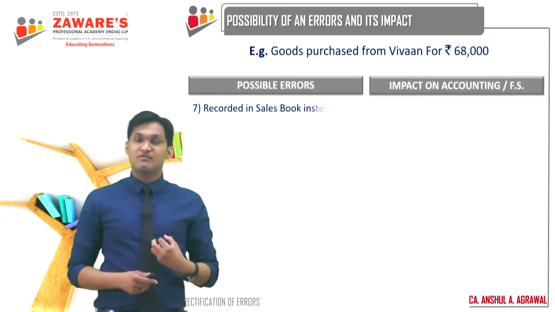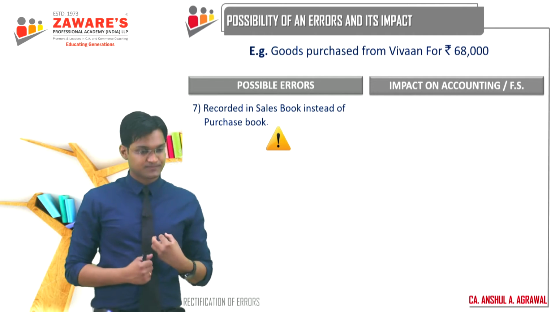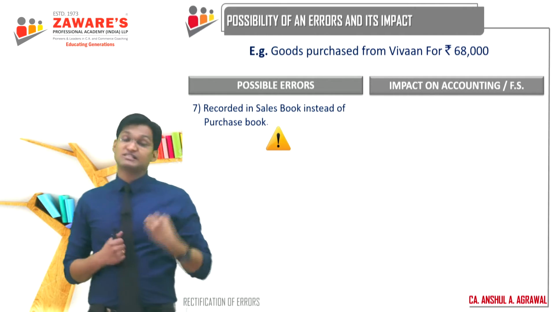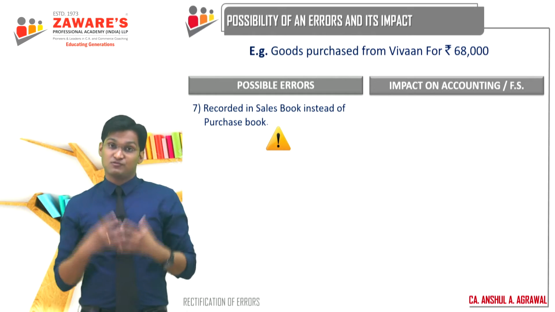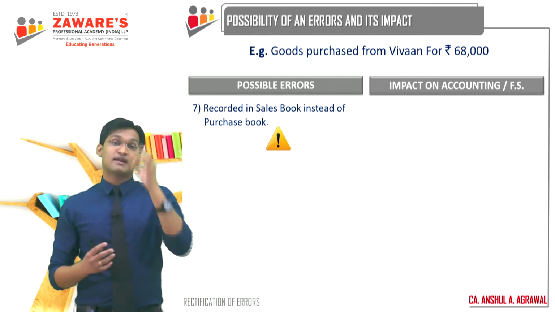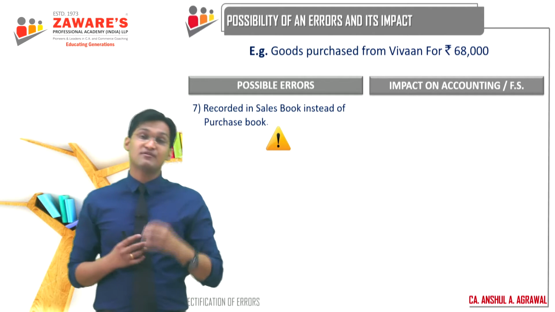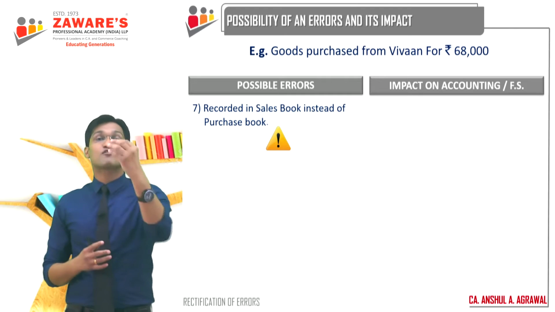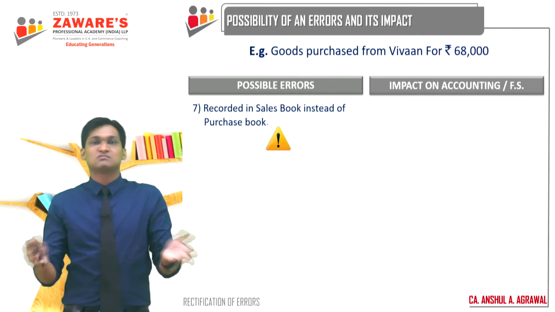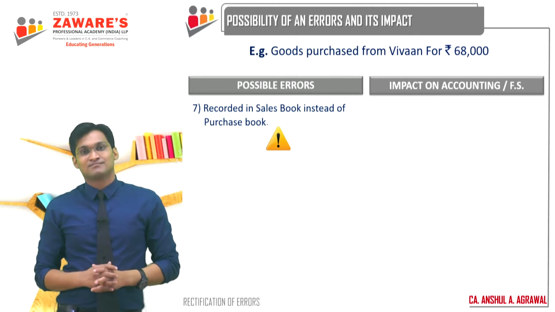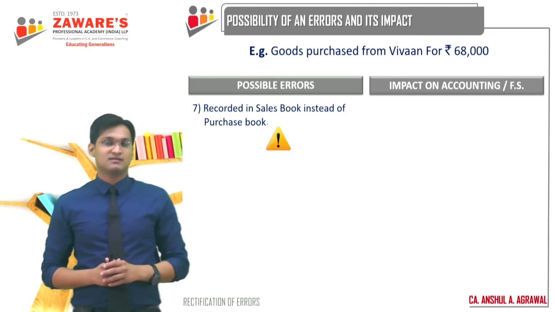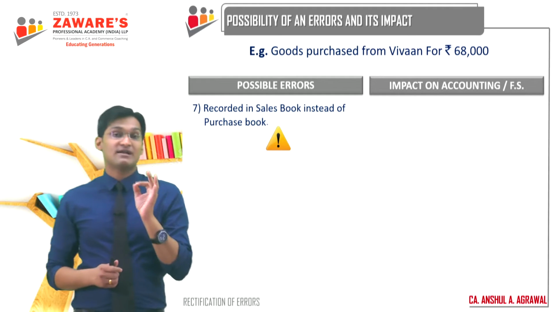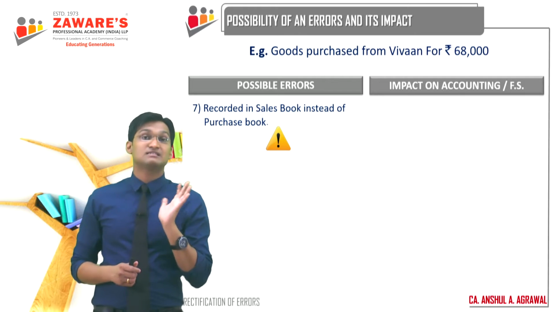So the next error that we can get out of this transaction is, it is recorded in the sales book instead of purchase book. Now can you believe it? It's a credit purchase transaction. Ideally should have been recorded in which book? Purchase book. But instead of that, you've recorded this transaction in which book? Sales book. What will happen? Now when they said recorded in the sales book, it means you have credited sales account.